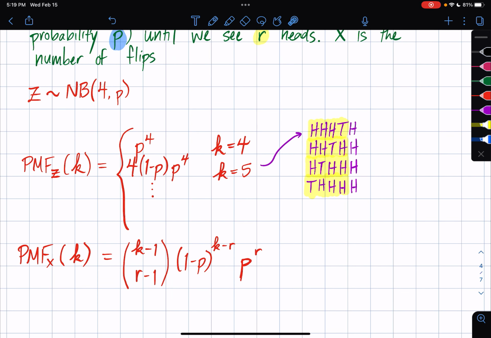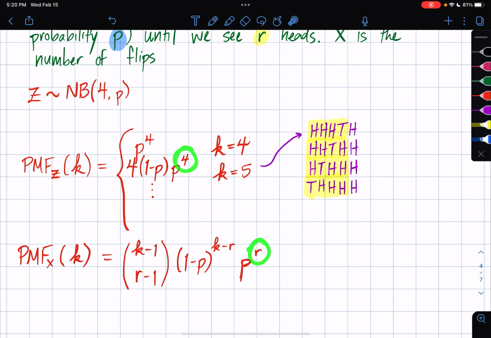We could say, all right, well, what if r is equal to 4 and k is equal to 5? Well, you can check. What's going to be 4 choose 3? Well, it's going to be exactly this coefficient 4. All right. And then this has a coefficient of 1 here, and that's because we're looking at 5 minus 4. And this will have a coefficient of 4 here, because 4 is equal to r.